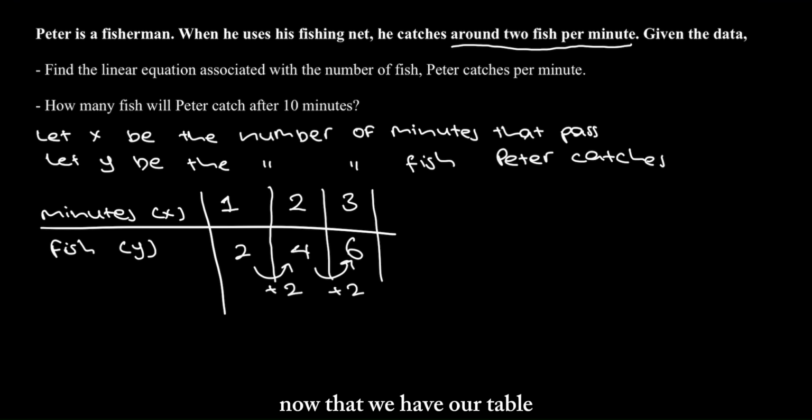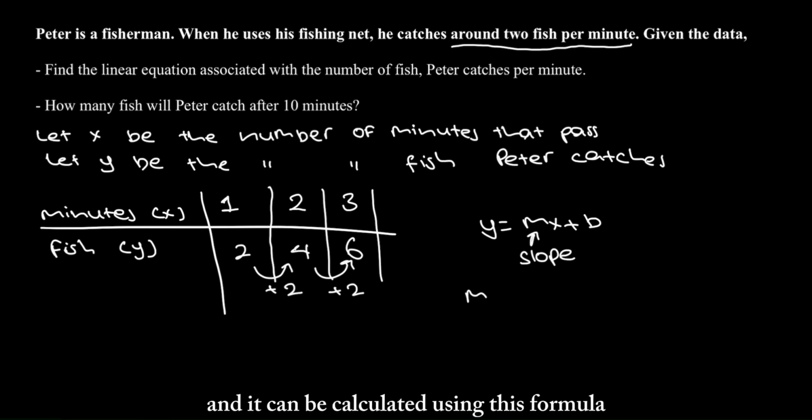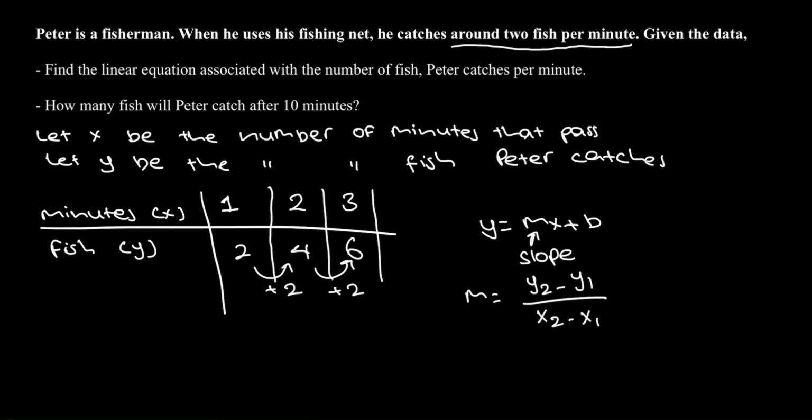Now that we have our table, we can develop the linear equation. Now the linear equation is in this form: y equals mx plus b. m is the slope, and it can be calculated using this formula: y2 take away y1 over x2 take away x1.